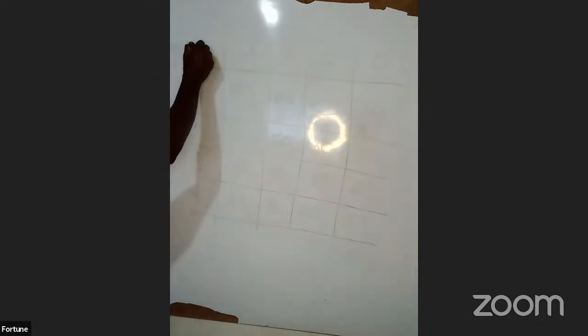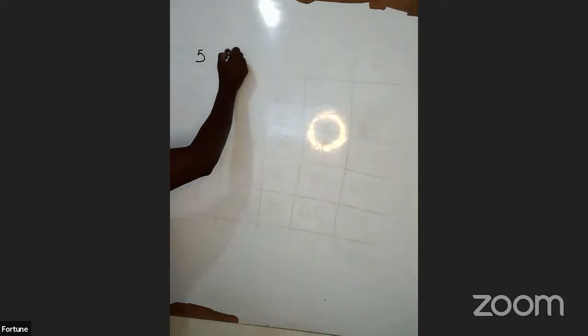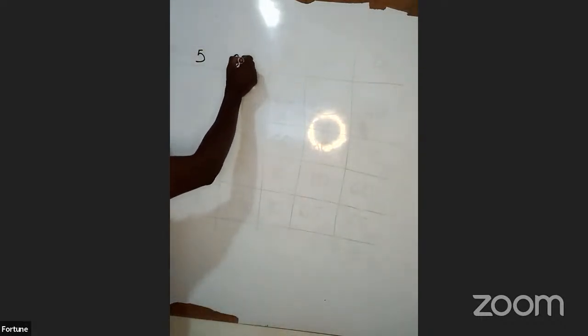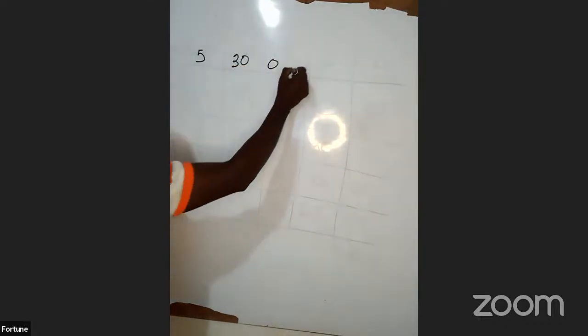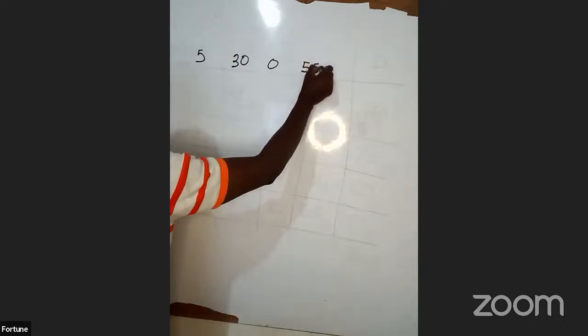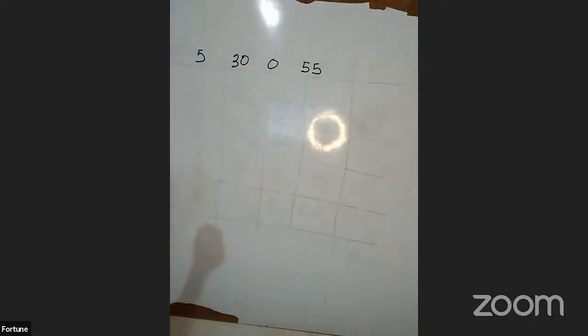So this is 5, 30, 0, 55. Maybe I should write it small so that I can have another space to write on. I think I can write here. Will it show?